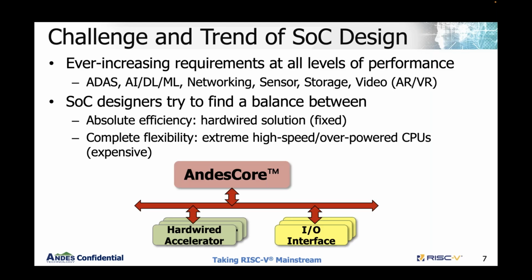There are ever-increasing requirements and complexity at all levels of performance for applications like ADAS, AI/ML, networking, sensor, storage, and AR/VR. They all have very complex requirements for performance and power efficiency. The SoC designer tries to find a balance between absolute efficiency, using a fixed hardware solution, and flexibility, where some have to use an extremely high-speed, overpowered CPU, which could be very expensive.